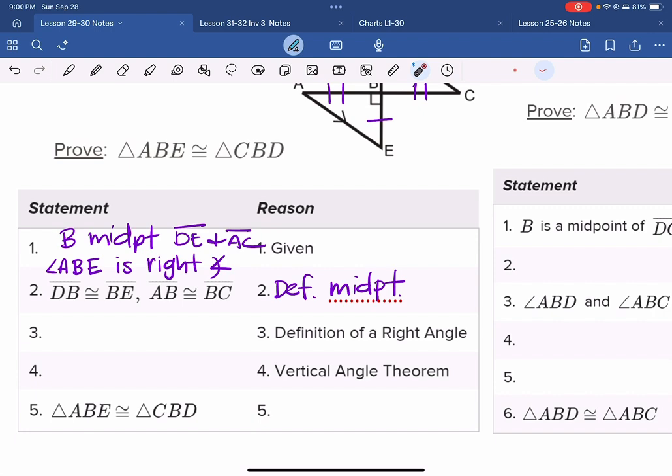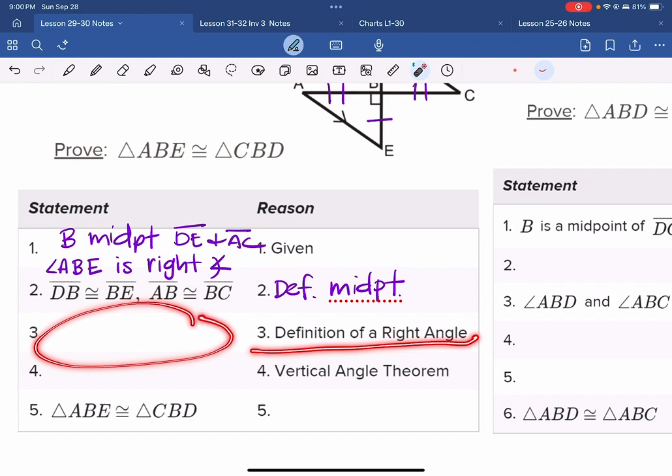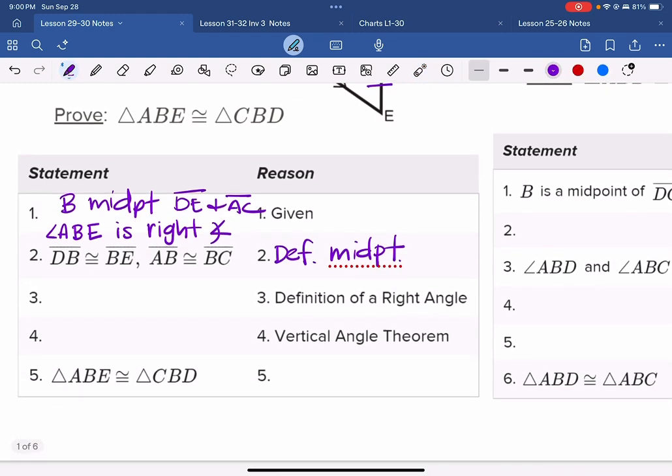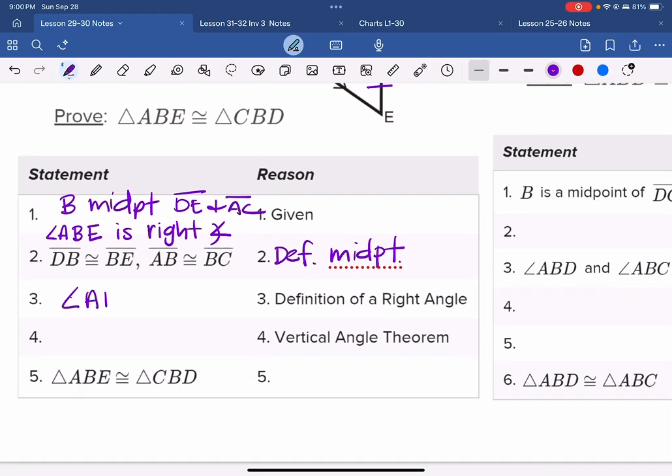Okay, for definition of a right angle that we see given to us as a clue right here, and we're trying to find this, we can look up here and see that angle ABE is 90 degrees. Angle ABE is equal to 90 degrees. Why? Because of definition of a right angle.